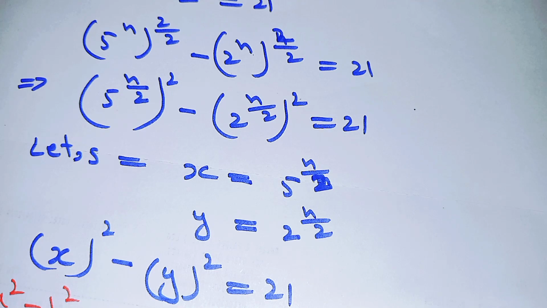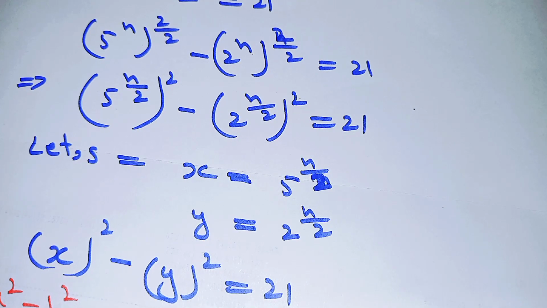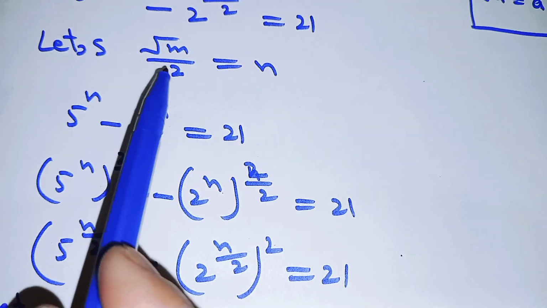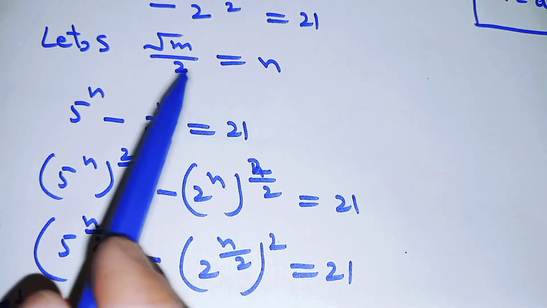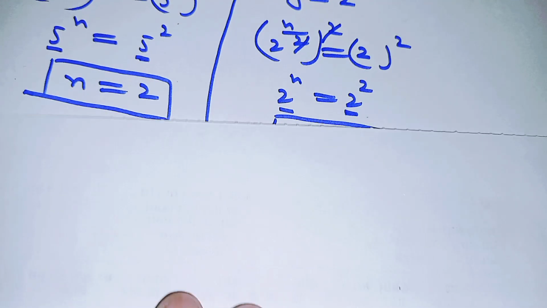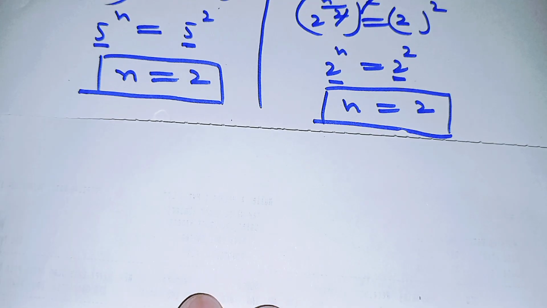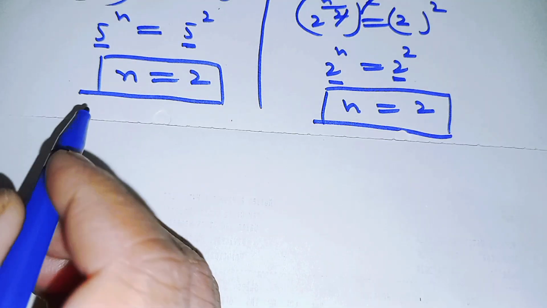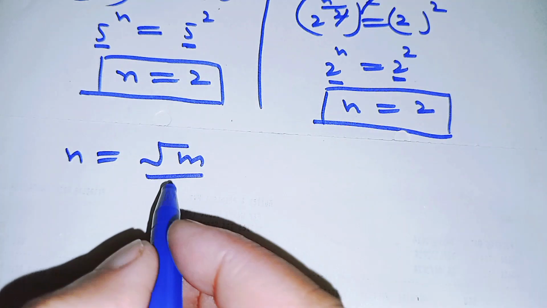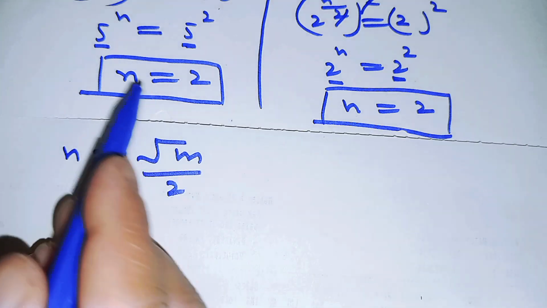Now we recall the first case, the value of n, which is the square root of m over 2. So here we put the value of n: n is equal to the square root of m over 2, and the value is 2.